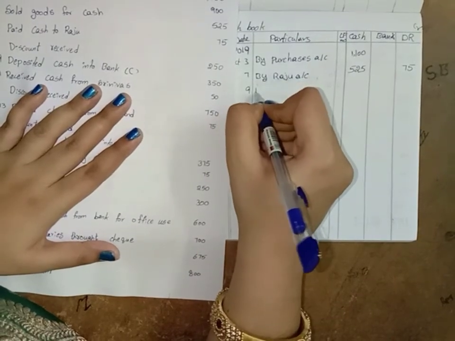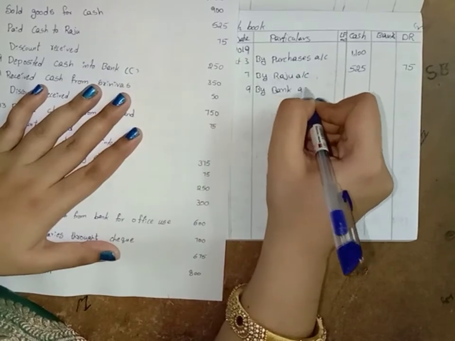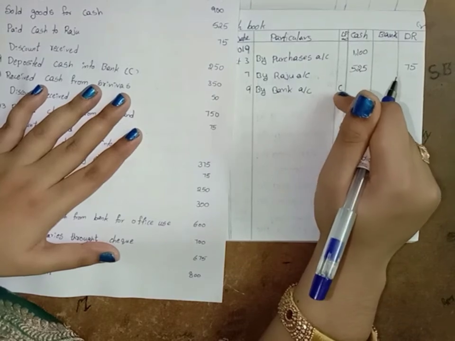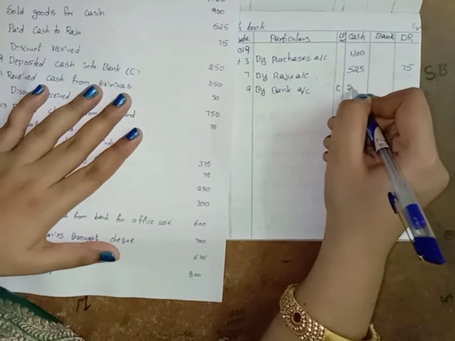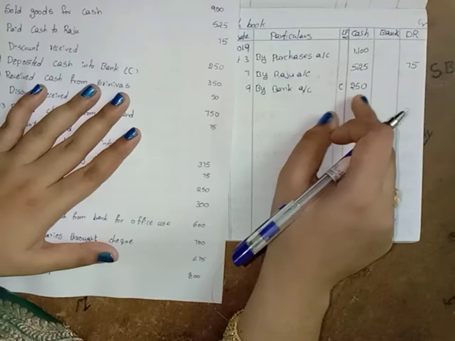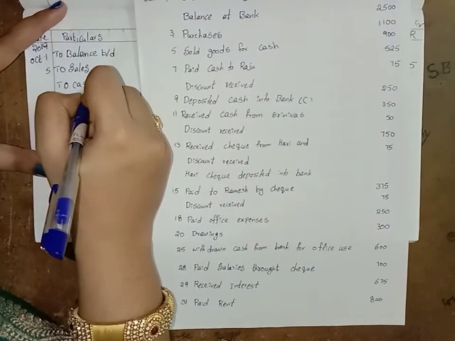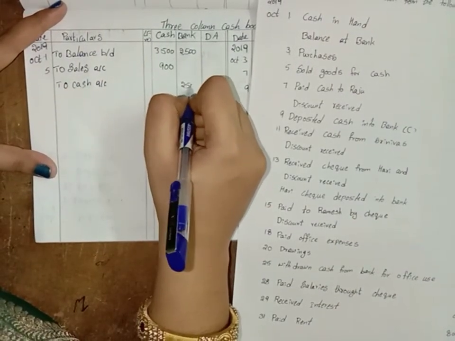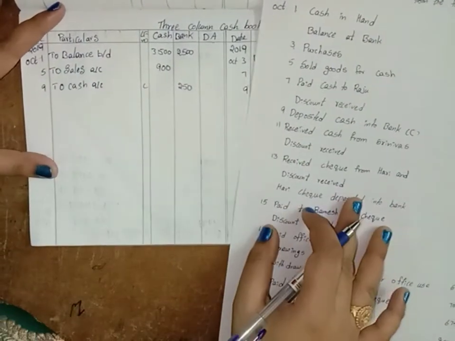On 9th, by bank account. It is a contra entry. If it is a contra entry, for bank account we write the amount in the cash column. Here, to cash account, we write it in the bank column 250. So this is the contra entry rule.